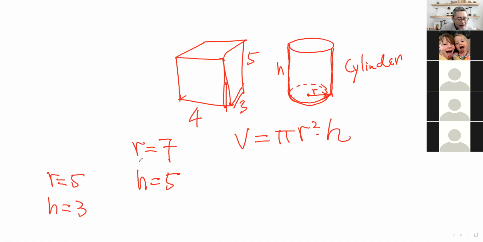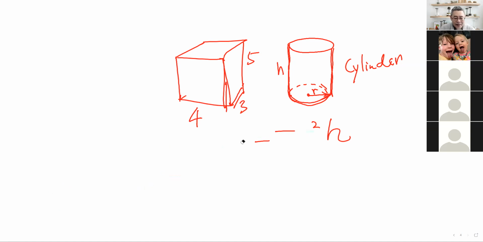Now I'm going to give a different prism. In this case, the base is a right triangle, with sides 4 and 7. This is a right triangle, and we make a triangular prism.